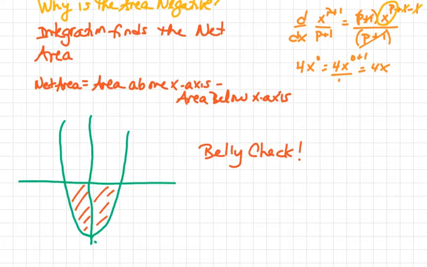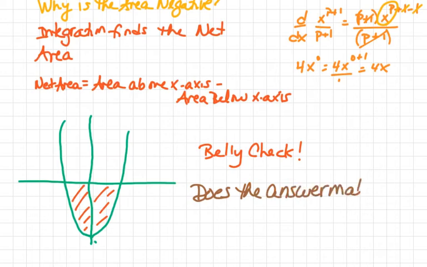So always do your belly check. Whenever you solve problems, the last question you should ask yourself is, does the answer make sense? We always want to ask about sense making. And in this case, the answer makes sense, so we are a happy mathematician.